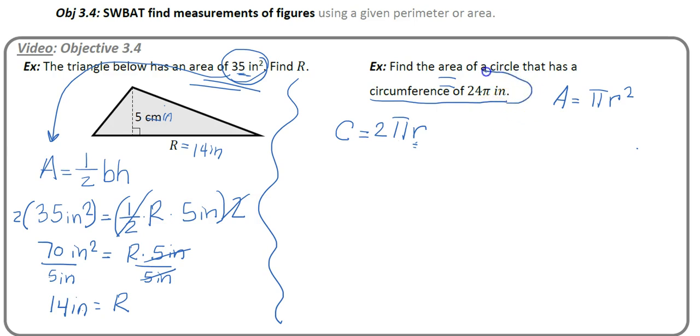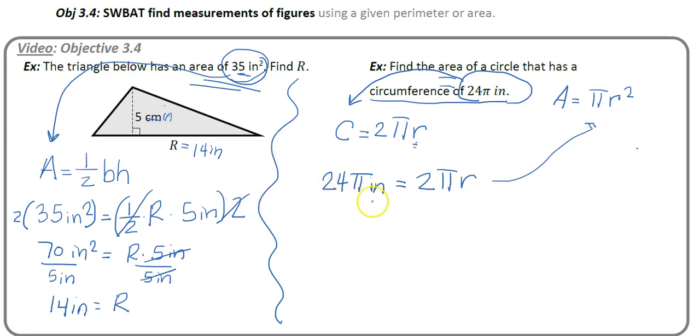Now in this example, the circumference is 24 pi inches. So I'm going to put that in the place of the C. 24 pi inches equals 2 pi r. So now the only unknown is radius, and that's what I'll need to find the area in a moment.